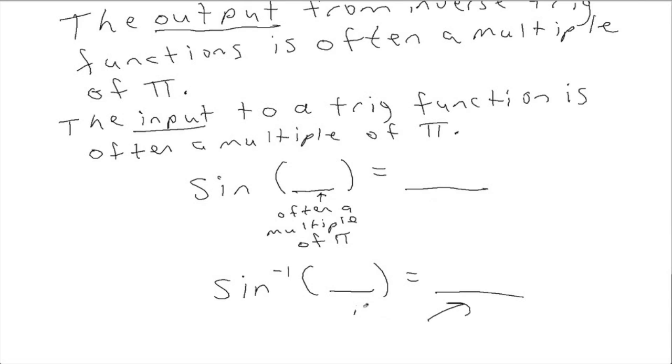Yeah, the output. Okay, so would we expect this to be a multiple of pi? No. I've been using these terms input and output. So are those terms clear? Is this an input or an output? Input. How about this? Output. How about this? Input. And how about this? Output. Okay.